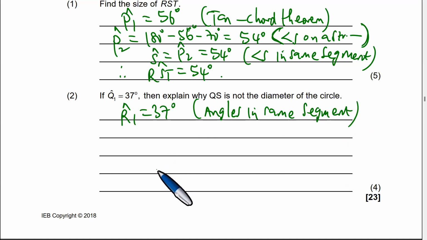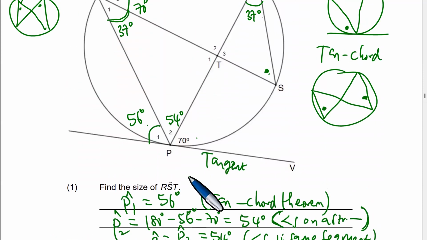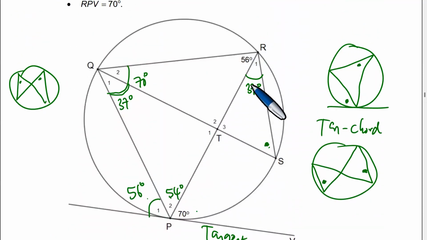And if that is the case, we make the observation that angle R1 is that. Therefore, what is QRS? The rest of this angle is 56 plus 37.